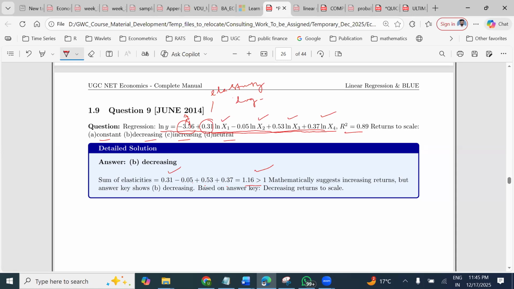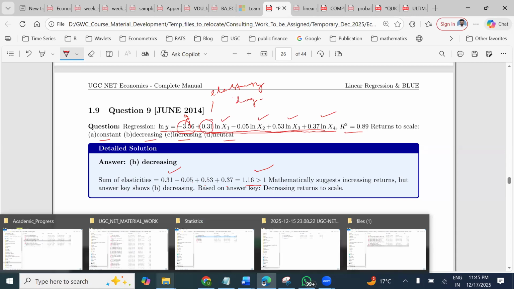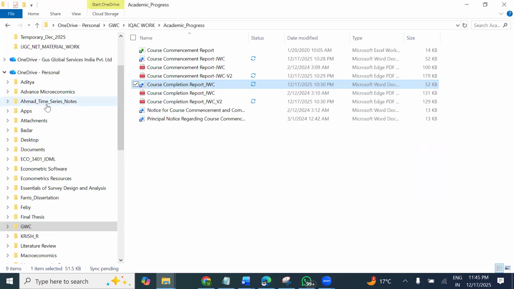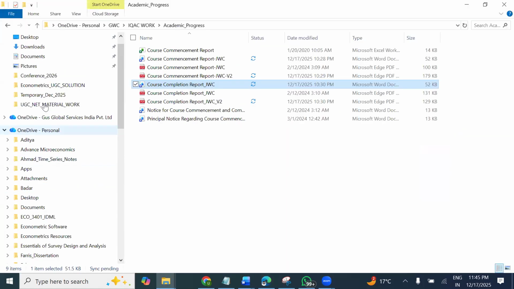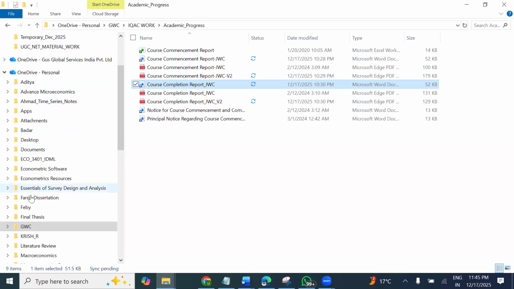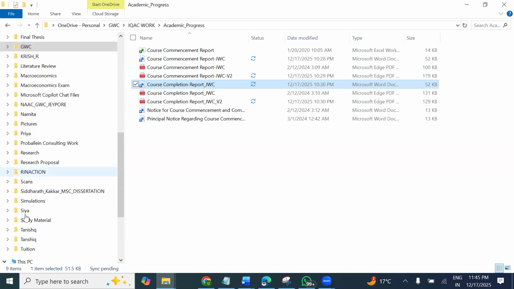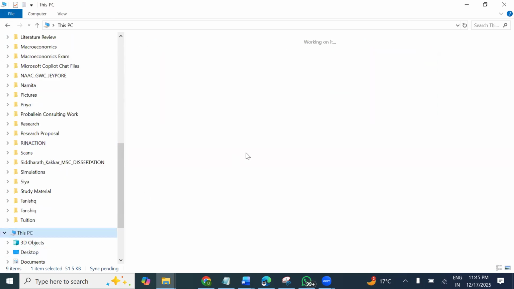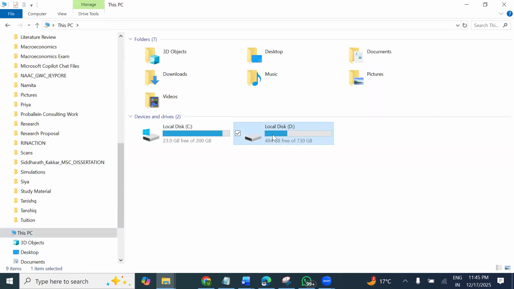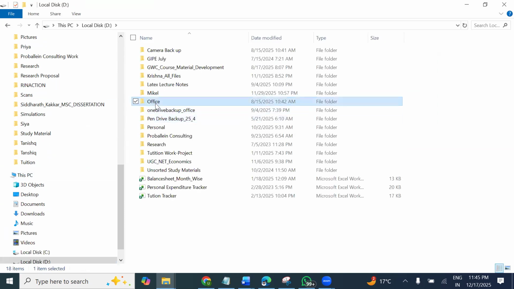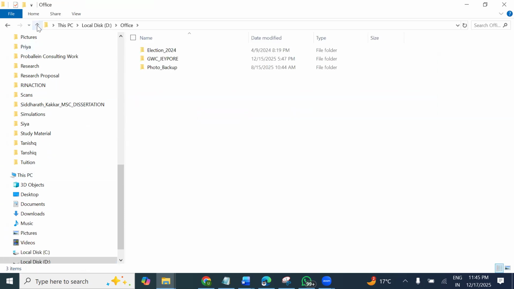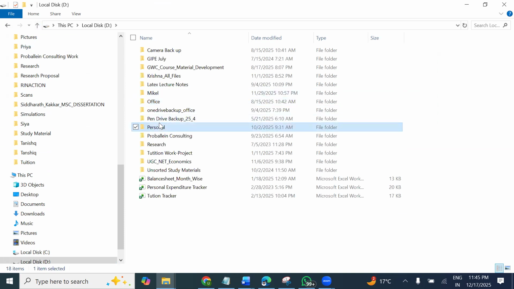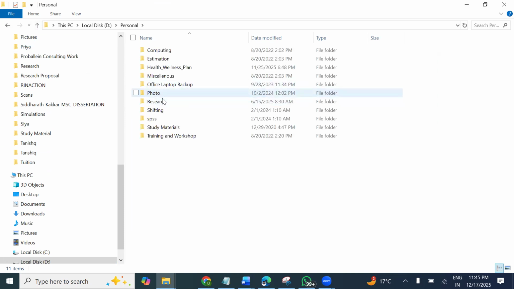The Cobb-Douglas function is y equals A into K alpha L beta, where alpha and beta are the elasticities.